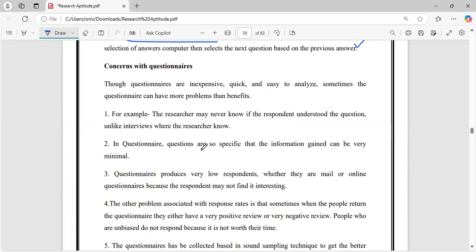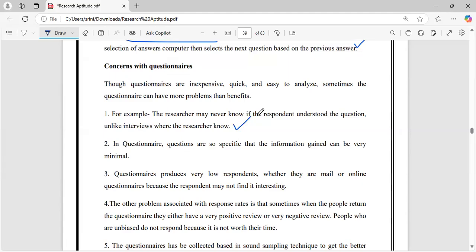For example, the researcher may never know if the respondent understands the question, unlike interviews where the researcher knows. There is a completely incoherent situation.